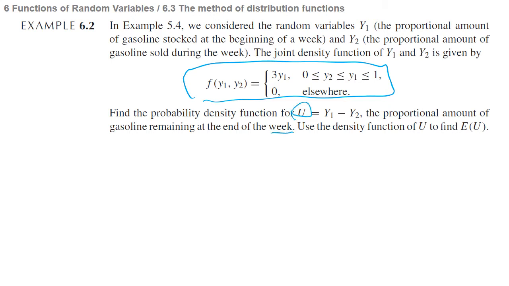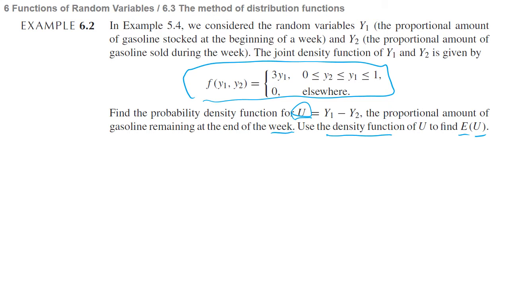And so this U is a function of random variables Y1 and Y2, and we are going to use the method of distribution function to calculate the density function of U, and use the density function of U to find the expected value of U. Okay, so let's find the density function of U first by using the method of distribution function.